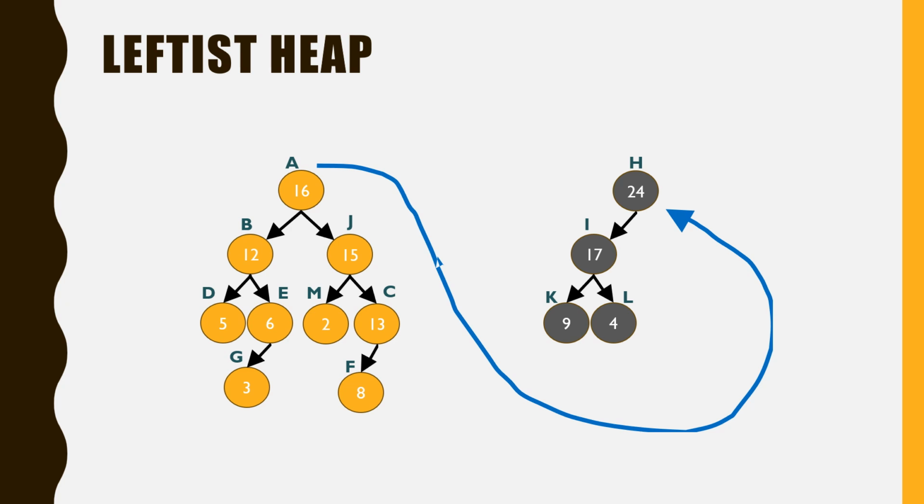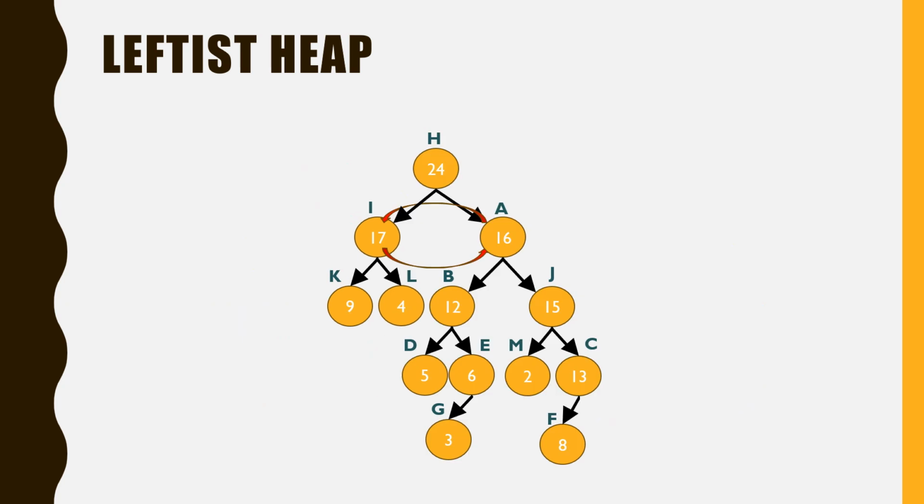To complete the final step, we attach the merged heap as the right subtree of node H. After merging the two heaps, we check the NPL of node H's children. The NPL of the left child, I, is 1, and the NPL of the right child, A, is 2. In this case, we swap the two subtrees to restore the leftist property.